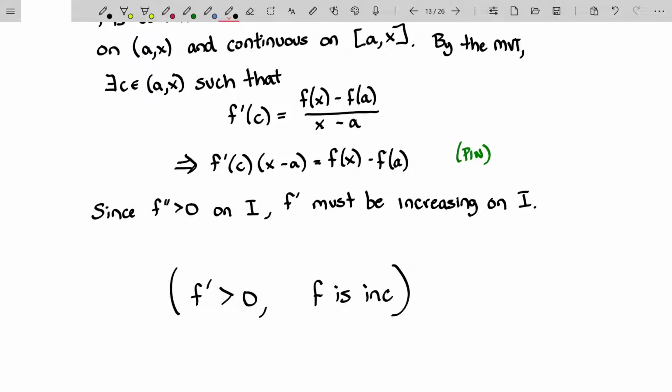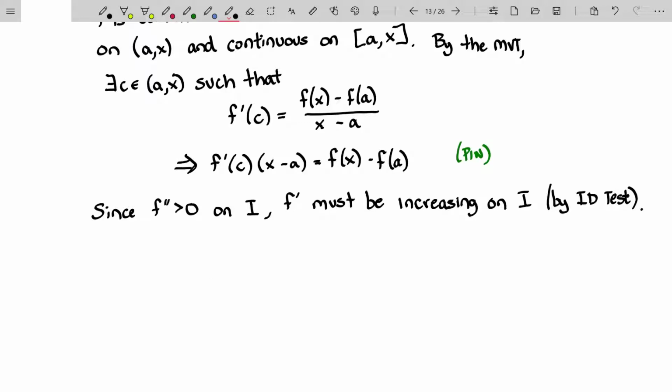So if f double prime is positive, then f prime is increasing. Again, if you were to just put an extra set of primes on here, you would see that's the same statement. So if f double prime is positive, then f prime is increasing. And that is by the increasing decreasing test. So I'll just write that, by ID test. And that's going to be critical. So let's go ahead and use that piece of information.